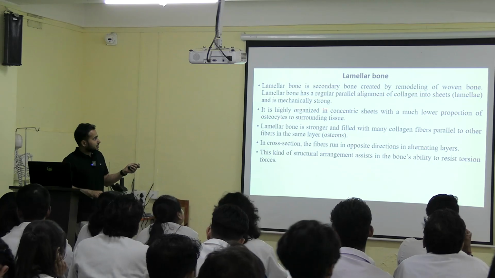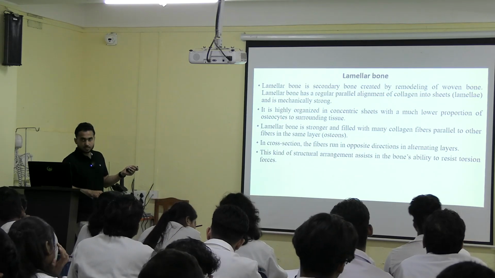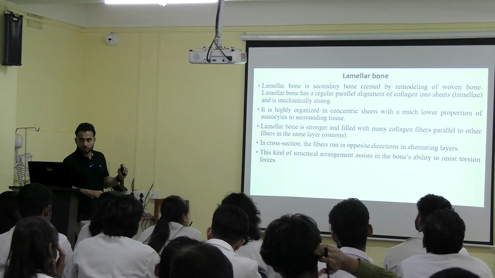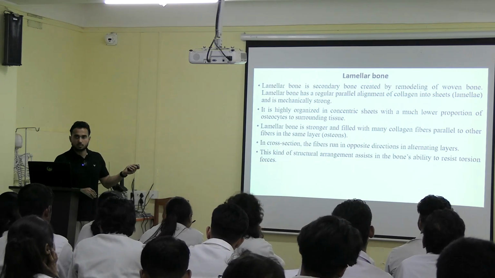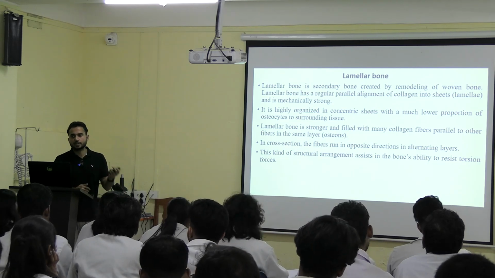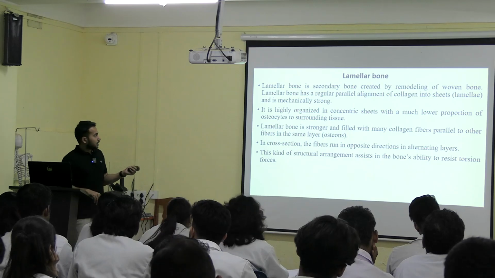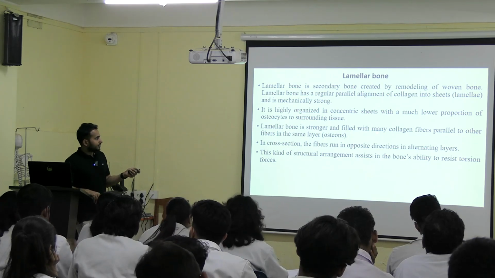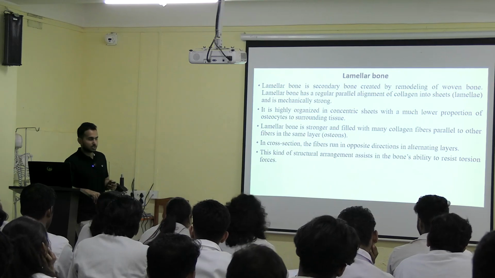As I said, highly organized in concentric sheets with a much lower proportion of osteocytes in the surrounding tissue. So in case of a mature bone, that is the lamellar bone, the number of osteocytes is less as compared to the woven bone. In woven bone, more number of osteocytes are there. Next, the lamellar bone is stronger and filled with many collagen fibers which are parallel to each other.